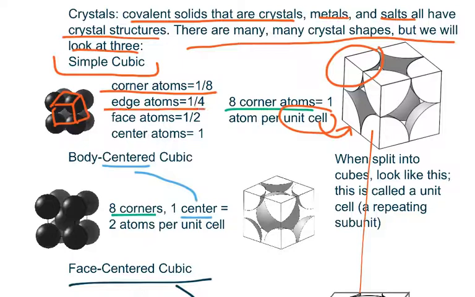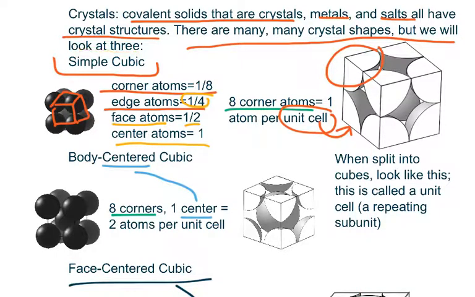Now, edge atoms, or atoms that are on the edge, such as over here, count for 1/4 of an atom. Now, face atoms, or atoms on the face of the cube, will count as half an atom, and center atoms will count as 1 atom.